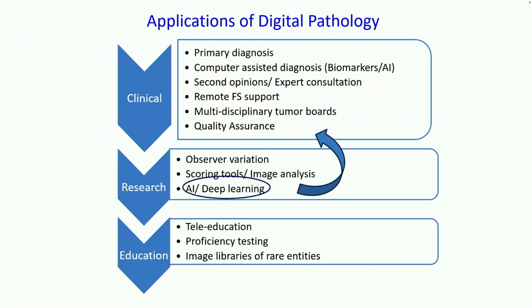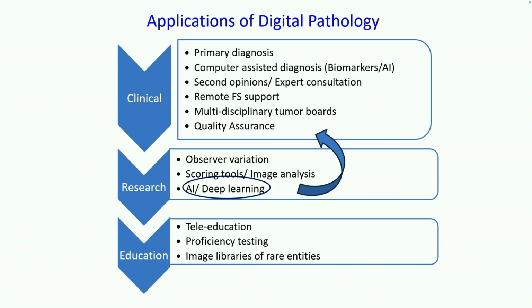After this introductory part, let me come to the applications of digital pathology. They are myriad and can be classified into clinical, research, and education. In the clinical segment, once we have a virtual slide, we can use it for primary diagnosis, second opinion, computer-assisted diagnosis, remote frozen section support, multidisciplinary tumor boards, or quality assurance purposes.